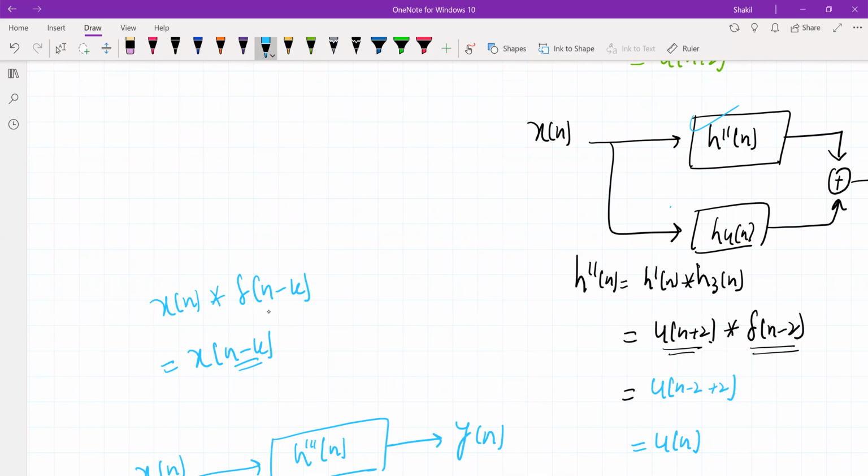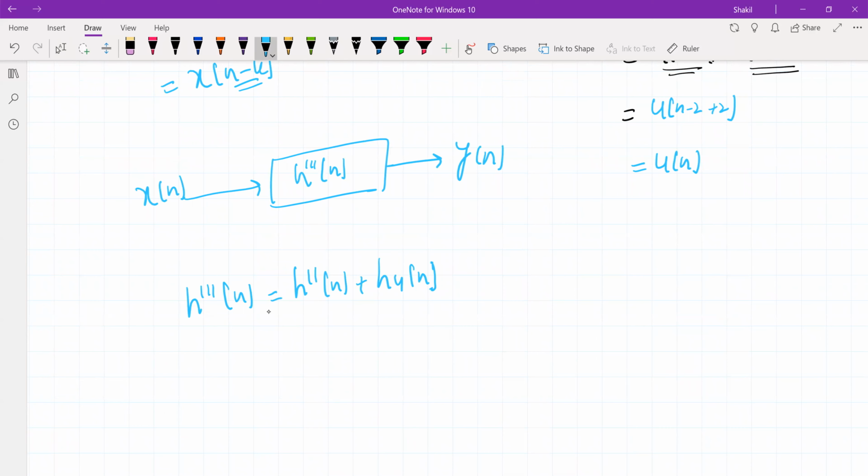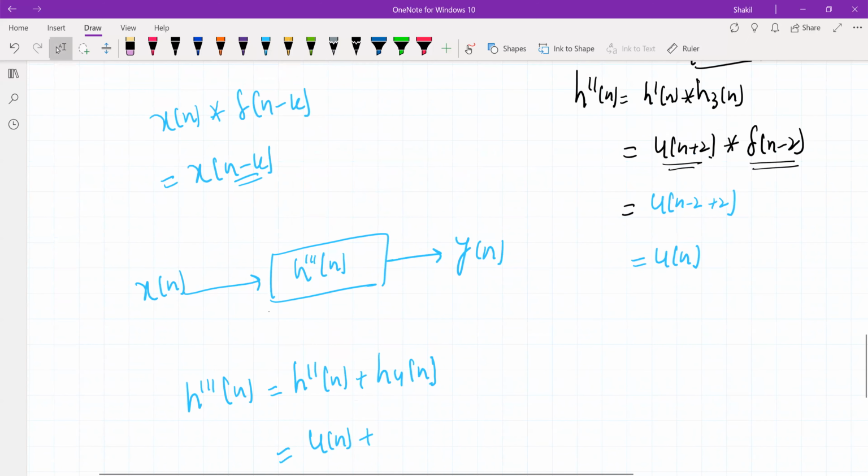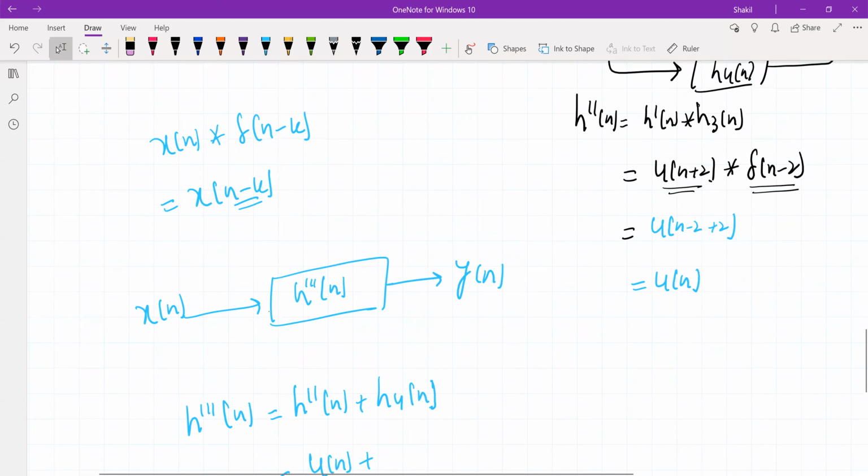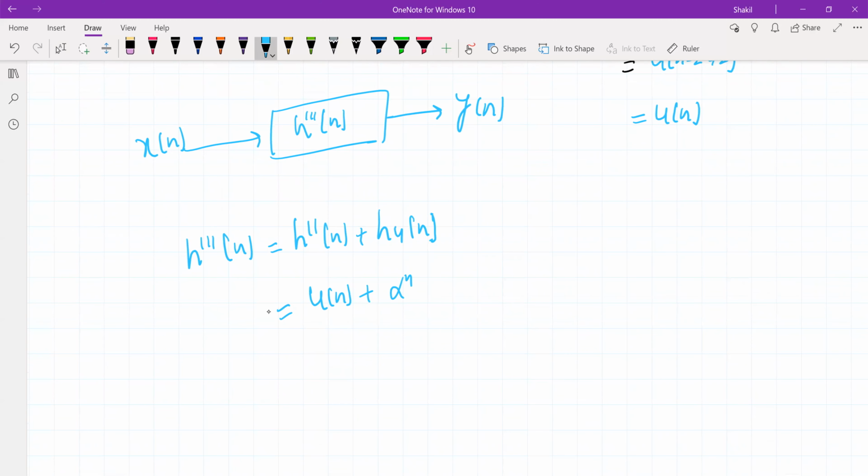What is h double dash of n? It is u of n. What is h4 of n? It is alpha raised to the power n times u of n. If we take u of n common, this will be u of n.